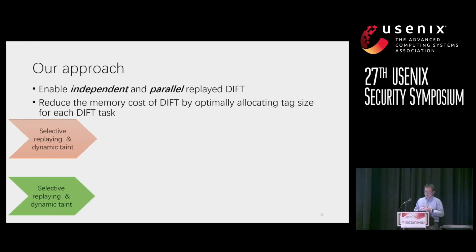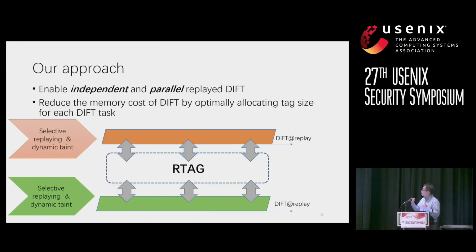So during the selective replay of each execution, our system called RTAG facilitates the tagging that is needed during the taint analysis, so that no serialization is needed, and each replay can be done independently and in parallel.